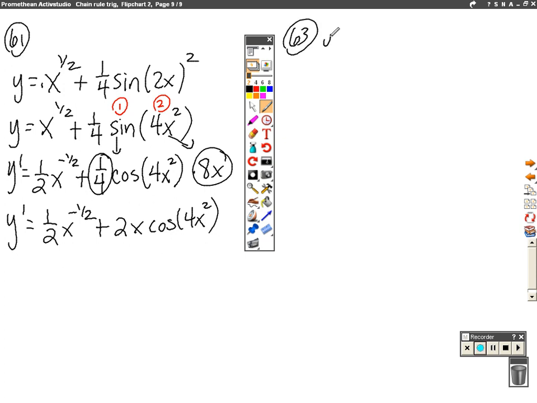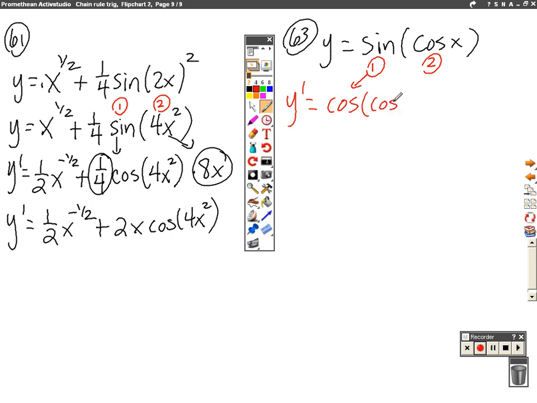63, we have y equal to sine of parentheses cosine of x. I think you can see here that the outside function is sine and the inside function is cosine. So when we find the derivative of the outside, the derivative of sine is cosine of the angle. All of that is the derivative of the outside multiplied by the derivative of the inside.